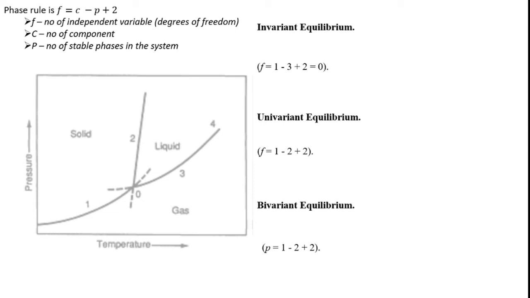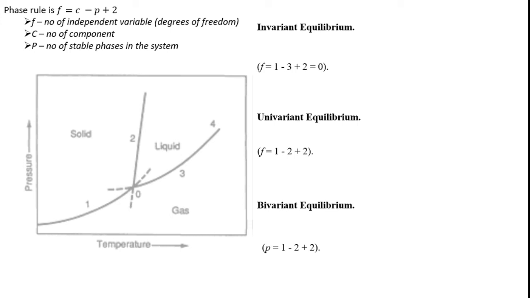And then univariant equilibrium. Univariant equilibrium can be explained with the phase rule: f = 1 - 2 + 2 = 1. It is based on either pressure or temperature being chosen freely, but not both. Once a pressure is selected, there is only one temperature that will satisfy the equilibrium conditions, and conversely. The three curves 1, 2 and 3 that issue from the triple point are called triple curves.